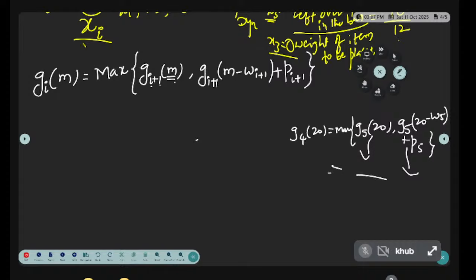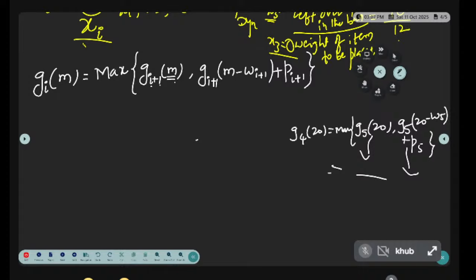That is the way we need to repeatedly apply this mathematical notation or formula by considering each and every item. Every time, what if we take the first item, what if we don't. If we skip the first item and directly take the second item, what then, and if we don't take the second item either. If we skip the second item and take the third, what then, and if we don't take the third. In such a way, for n number of items, n number of times we are calling the same procedure recursively.